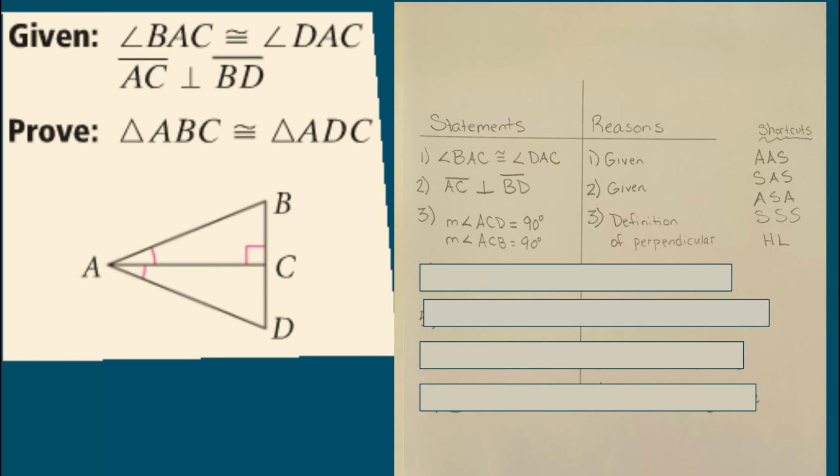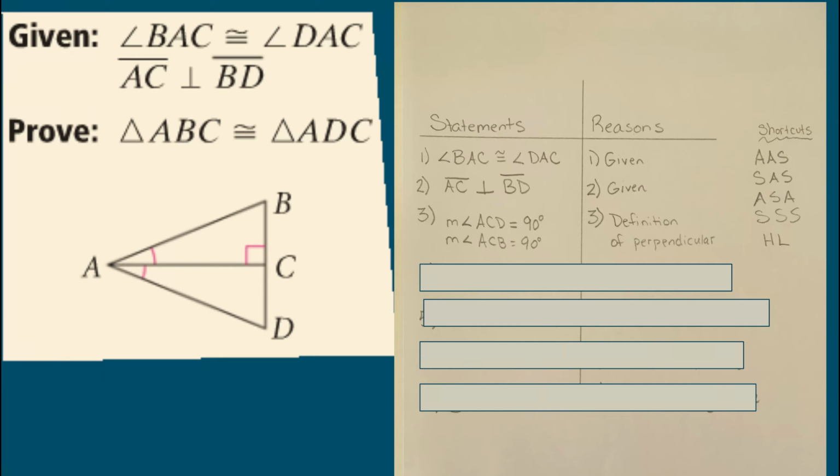The next thing that I know I can say is that the measurement of angle ACD is equal to 90 degrees, and the measurement of angle ACB is also 90 degrees. And that's because of the definition of what it means to be perpendicular. That's my reason. So because two things are perpendicular, I know that they're going to form a 90-degree angle.